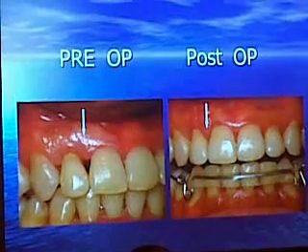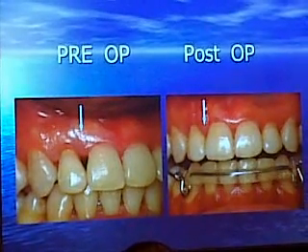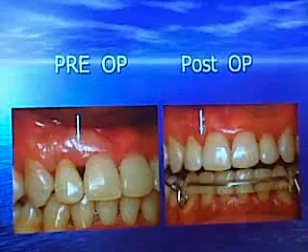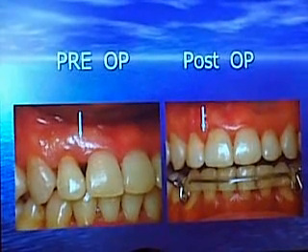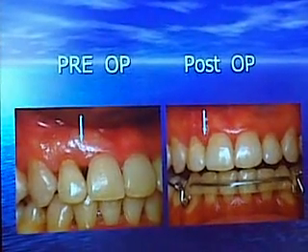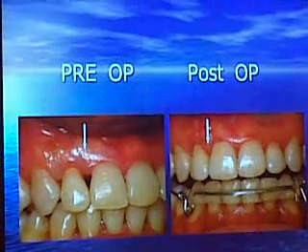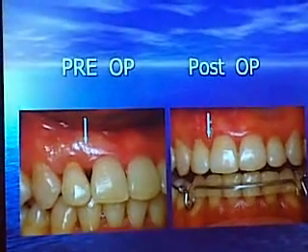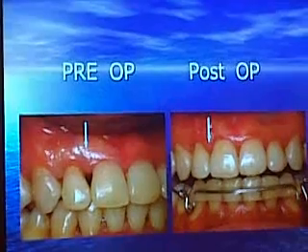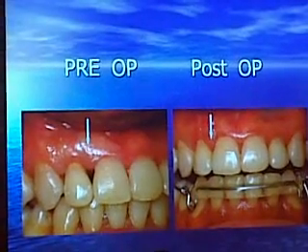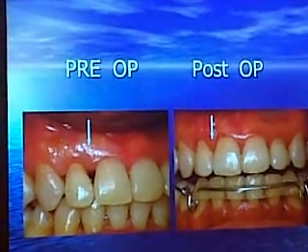Before, after. This is another technique I use, where everything is connected at the same time as you move, except for two incisions right here, and I move the tissue down, and I put connective tissue underneath into the interproximal area.